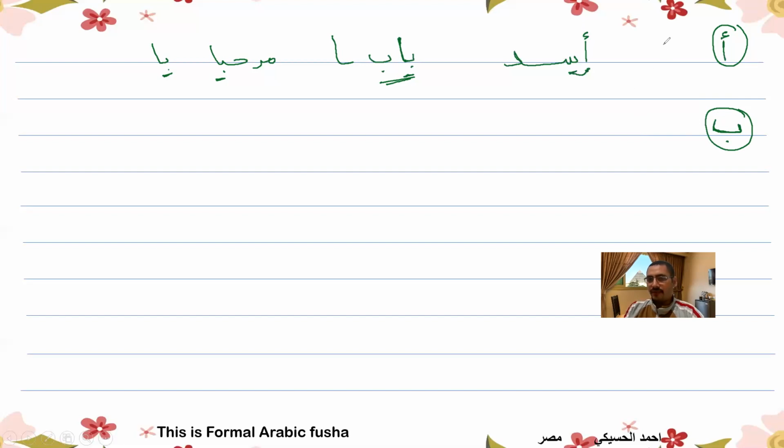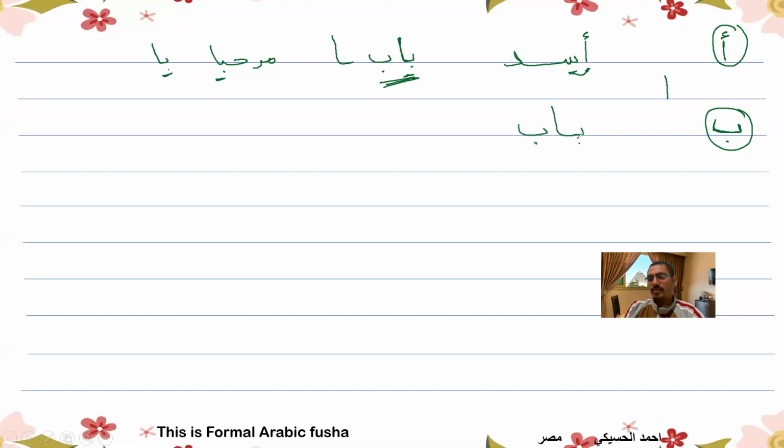Here, Alif is 1, 2, 3, 4, four spaces. Ba in the first of the word, as Bab, one space, this edge, and a dot.